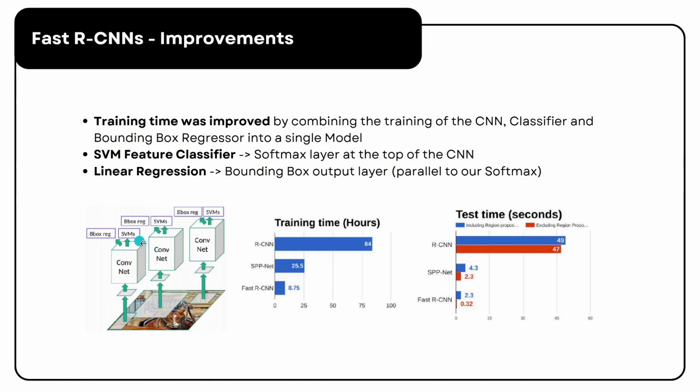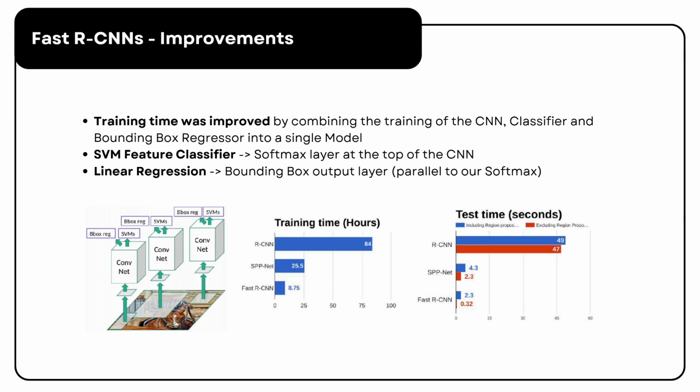The entire model is trained end to end, meaning it learns the best features, classification, and bounding box refinements simultaneously. As you can see here, the training time for RCNN took 84 hours, while Fast RCNN reduced this to just 8.75 hours.